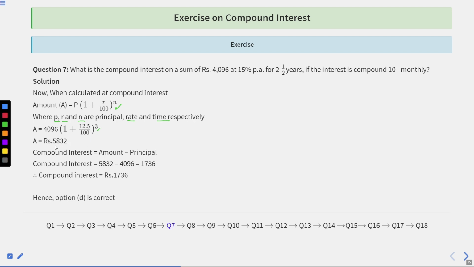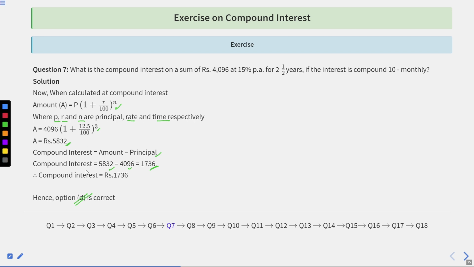So A will be equal to 5,832 rupees. So the compound interest is equal to amount minus principal, which is 5,832 minus 4,096, which is 1,736. So the compound interest is 1,736 rupees. The option correct here is option D.